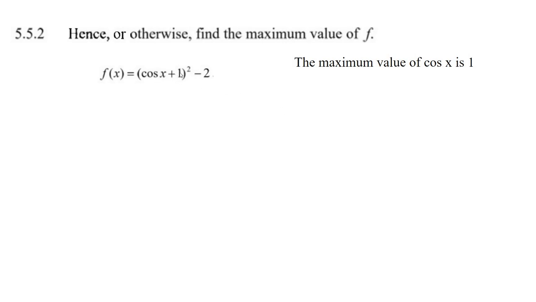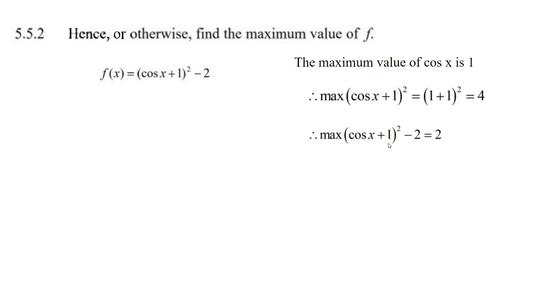Well, what is that going to be? 1 plus 1 squared, that's 4, minus 2. The max of cos x plus 1 squared is going to be 4. So the max of cos x plus 1 squared minus 2 is going to be 2 less than 4.